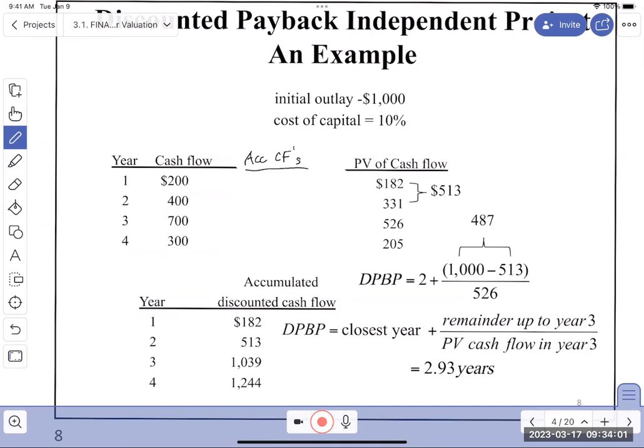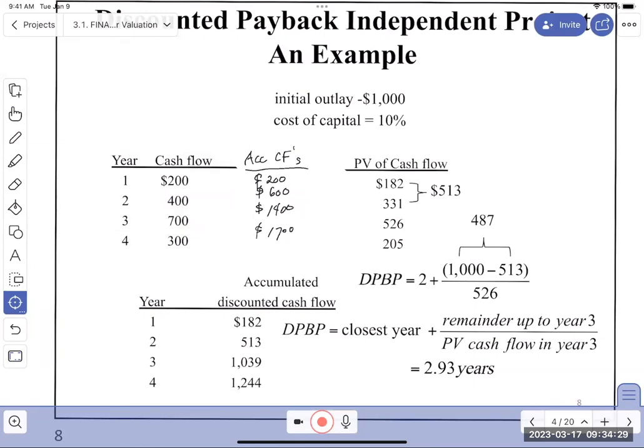So the accumulated cash flows at the end of the first year are $200. At the end of the second year, we'll just add them, $600. At the end of the third year, $1,400. At the end of the fourth year, it's going to be $1,700. Did I do that correctly? So I'm just adding this and this, and then adding 600 to 700 and 1,400 to 300.